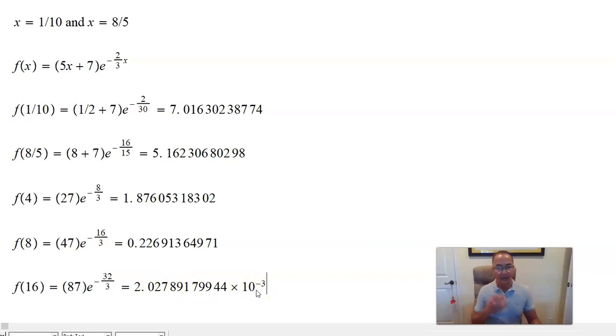Okay, so now let's put our thinking caps on. What's going on here? So remember that our function has an exponential function multiplied by a polynomial, linear factor, okay? If we ignore this, take that away. We know that this is an exponential function.